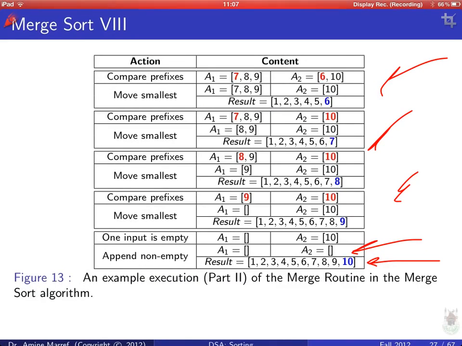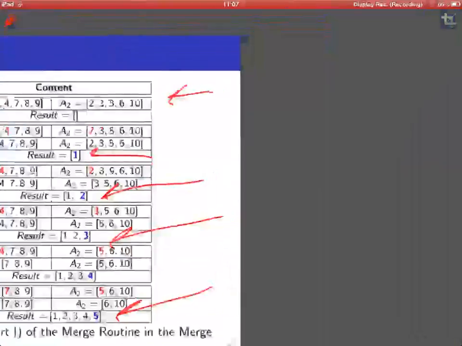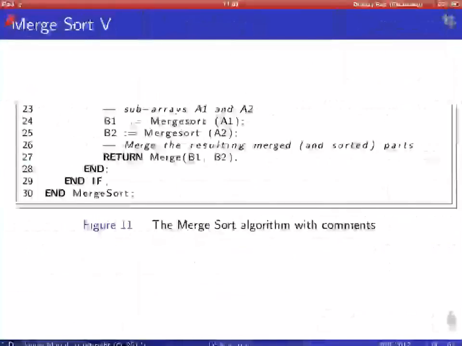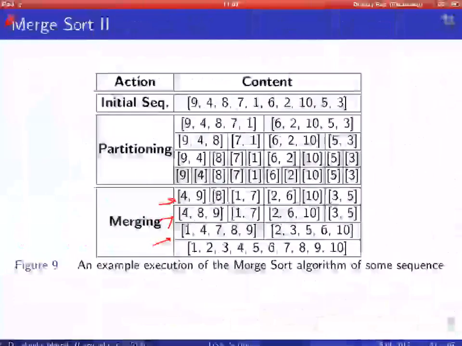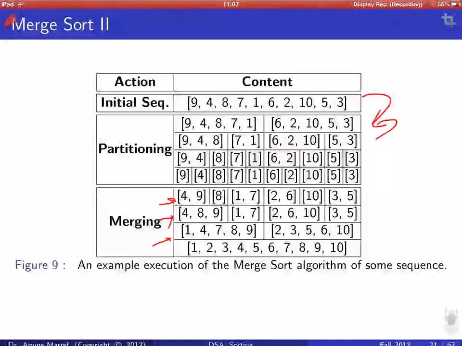Okay, so again, so that we don't lose the picture, we are dividing into smaller subsequences, and then we are merging into bigger ones in order to compute the sorted sequence again.